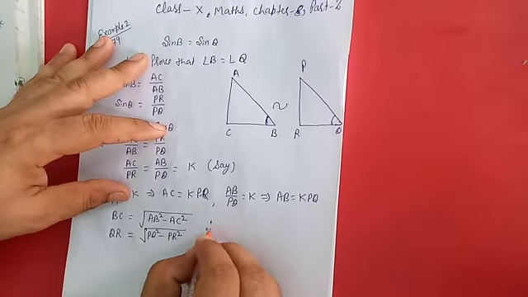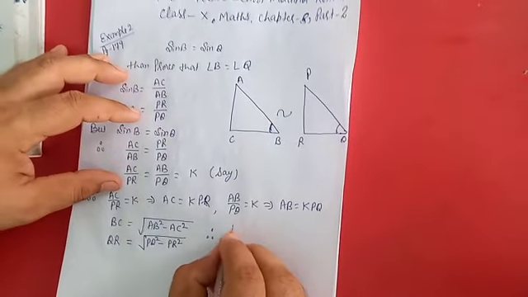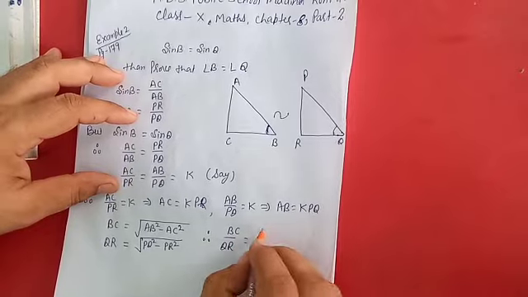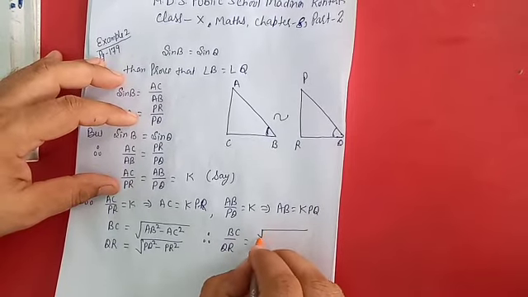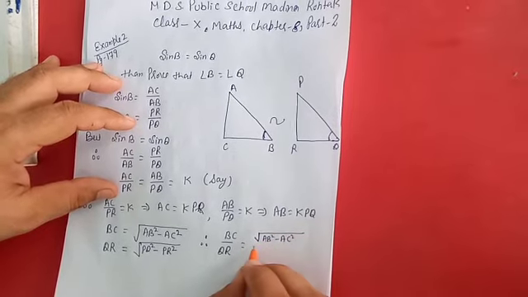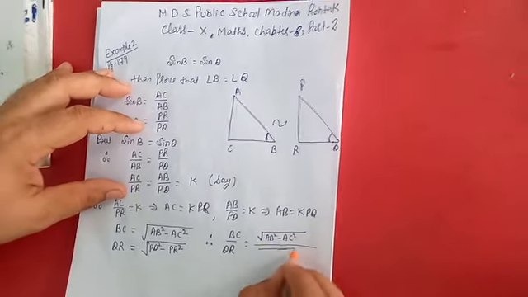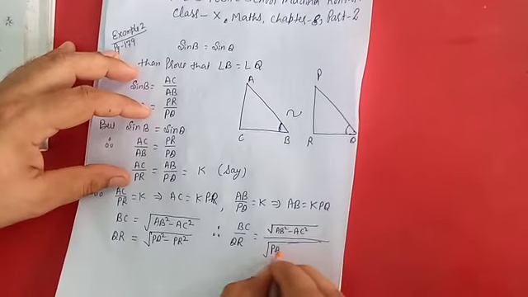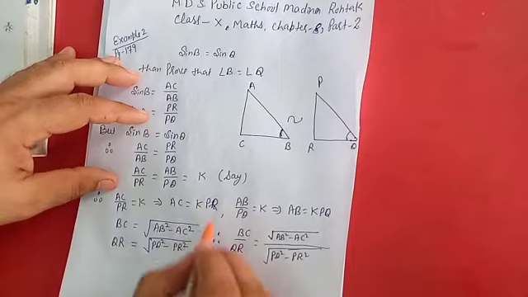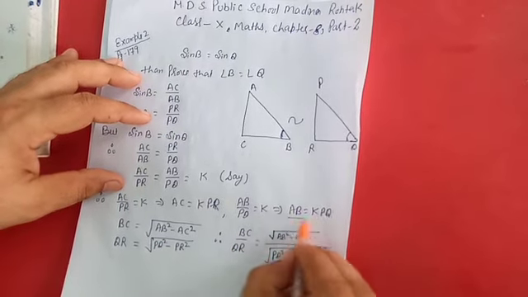So therefore, BC by QR is equal to under the root AB square minus AC square by under the root PQ square minus PR square. But AB is equal to what? This.